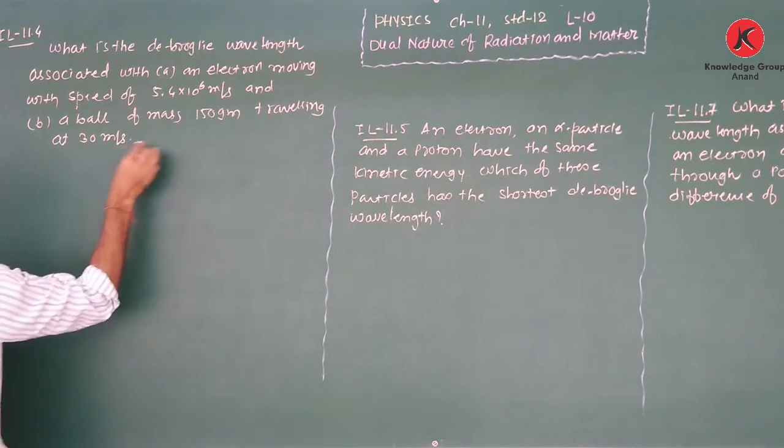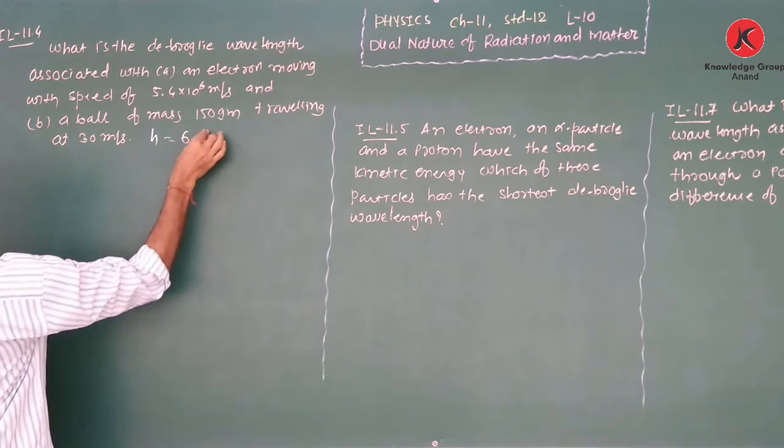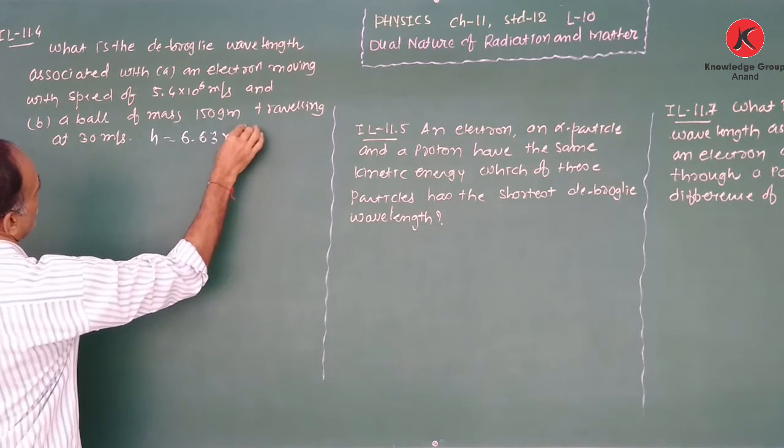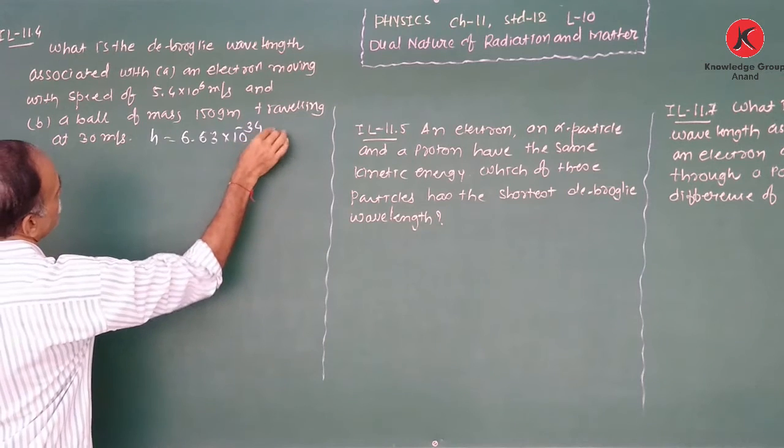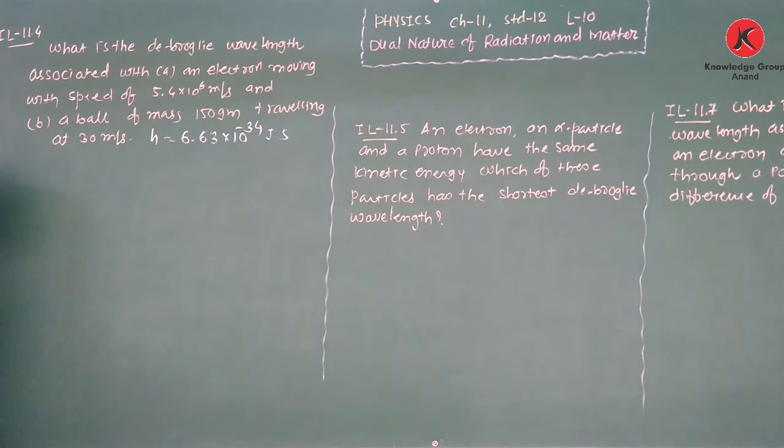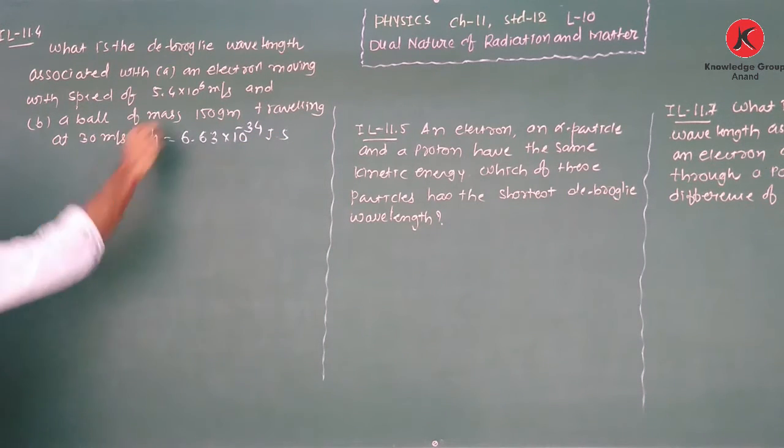Now, Planck's constant h is not given. That is 6.63 into 10 is to minus 34 joule second. Right? Okay.